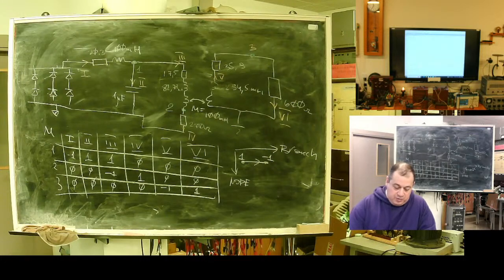Y is M multiplied by Z inverse and multiplied by M transpose. I have the nodal admittance matrix. Also, the B vector will be M multiplied by Z inverse and multiplied by E.